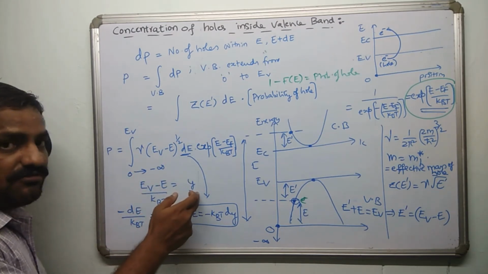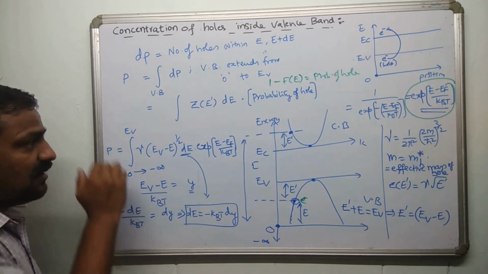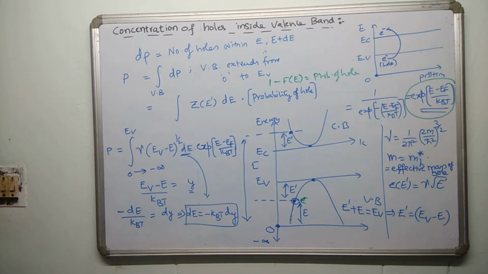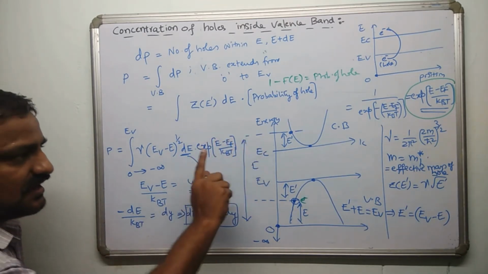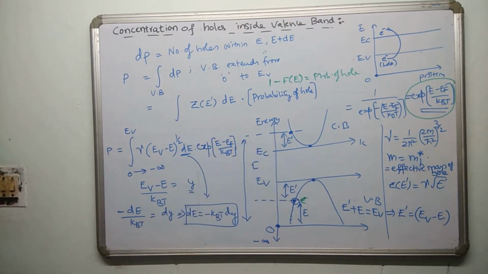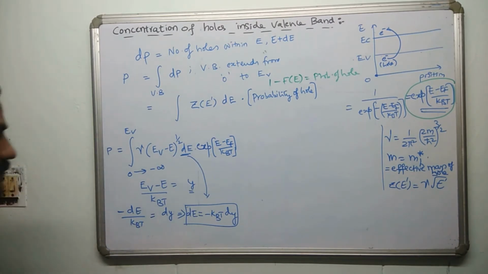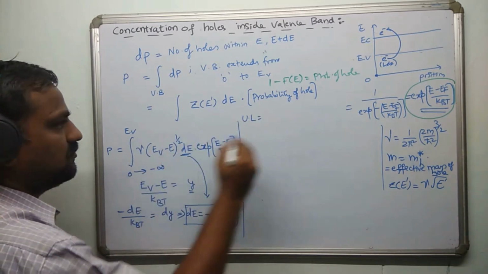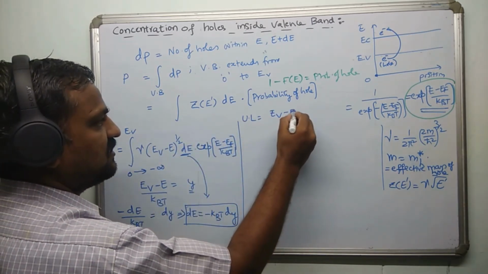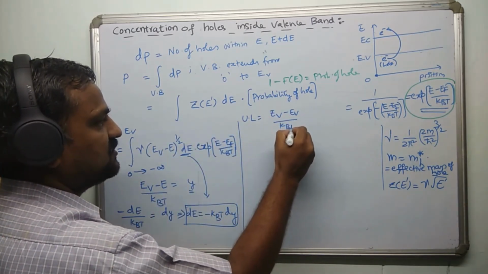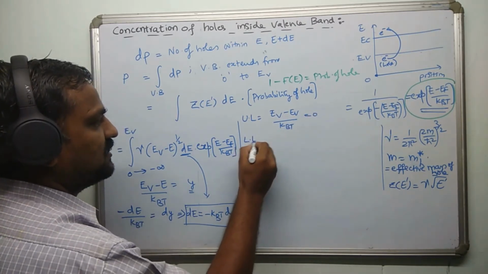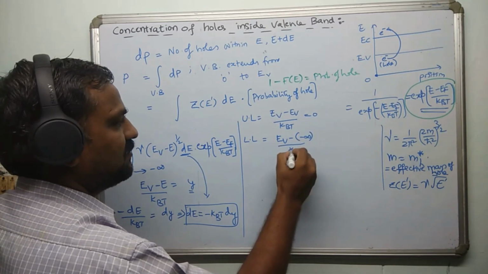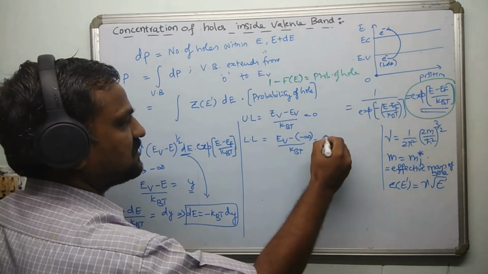So the lower limit of y becomes plus infinity, the upper limit of y becomes 0. I hope you understand this. Please pause the video. The upper limit is EV minus EV divided by kBT, which is 0, and the lower limit is EV minus minus infinity divided by kBT, which is plus infinity.